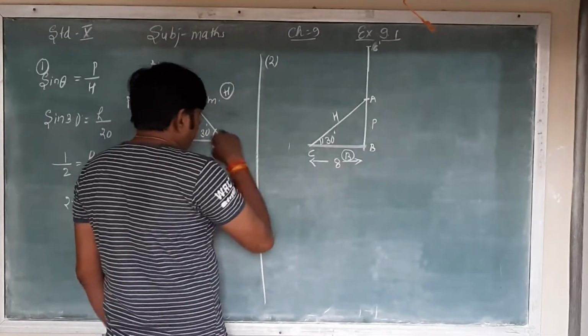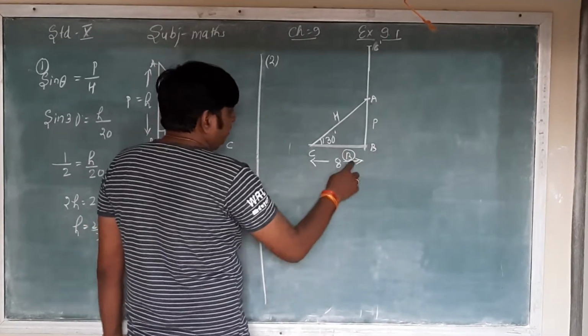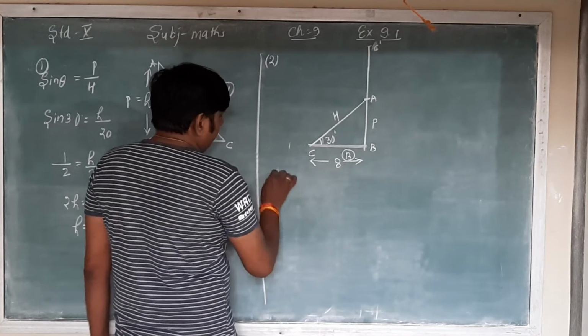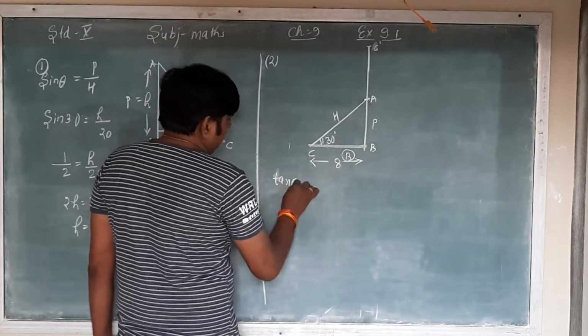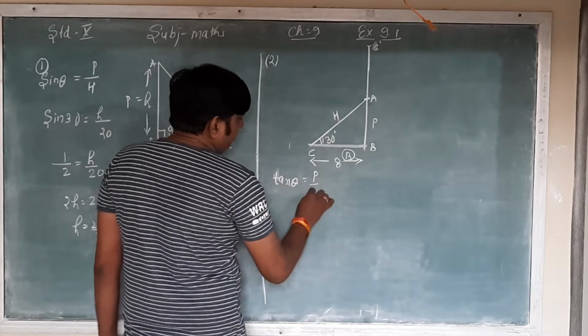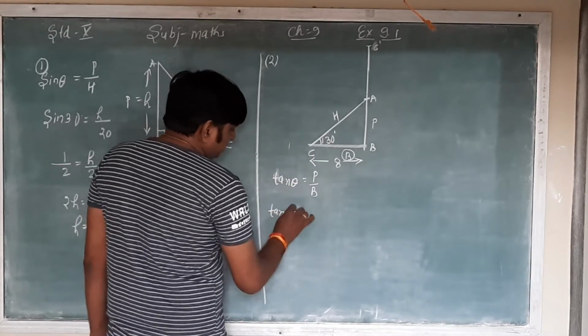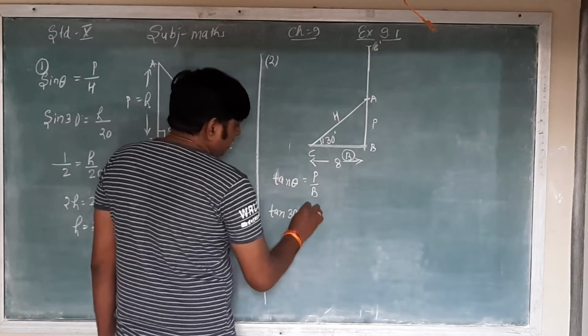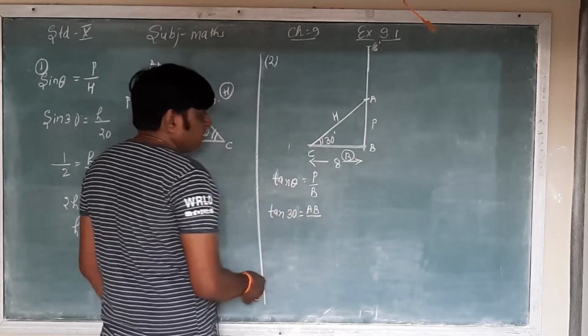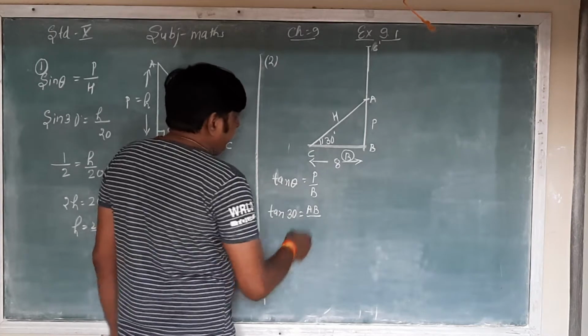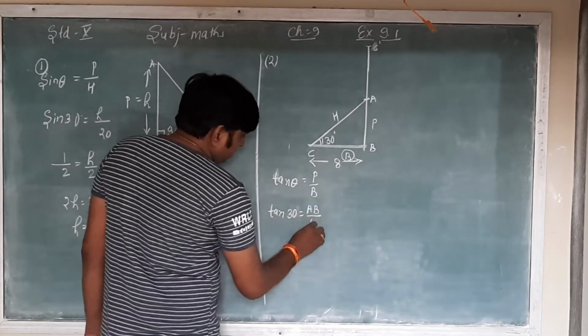We apply the formula. First, perpendicular upon base is tan theta, here 30 degrees. The perpendicular is AB and the base is 8.